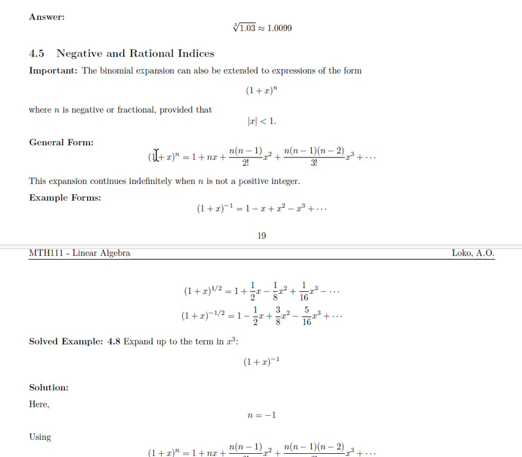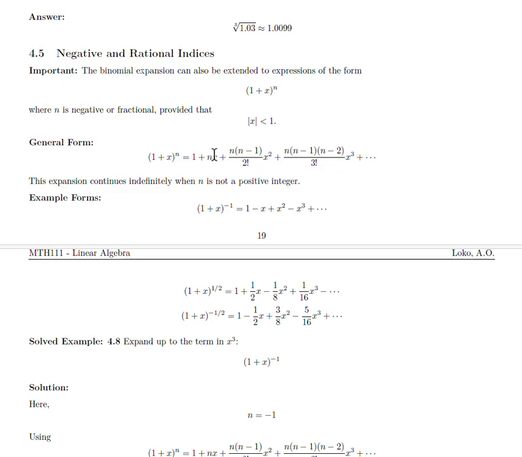Now, the general form for (1 plus x) all raised to power n is this formula, and you can spot a pattern in this formula. We have 1 plus nx, and then the next term plus n times (n minus 1) over 2 factorial times x squared.